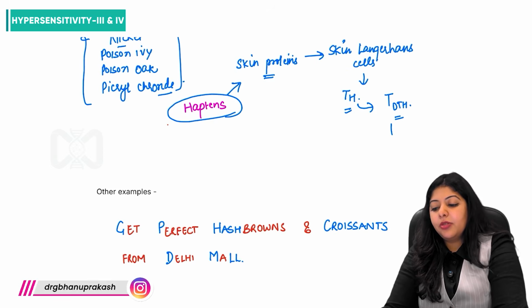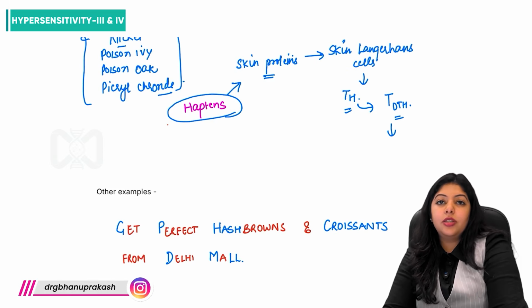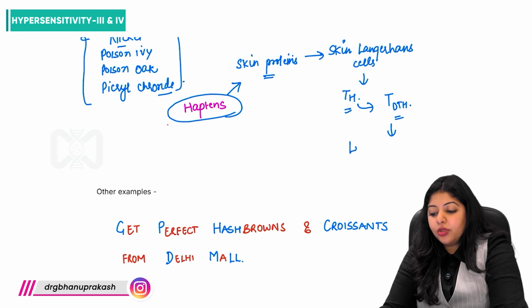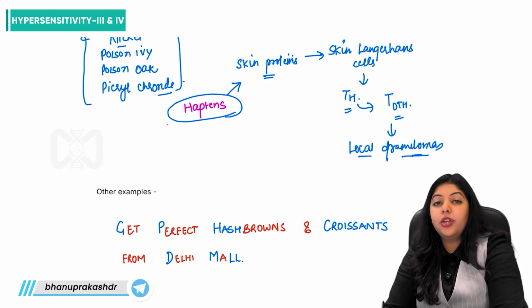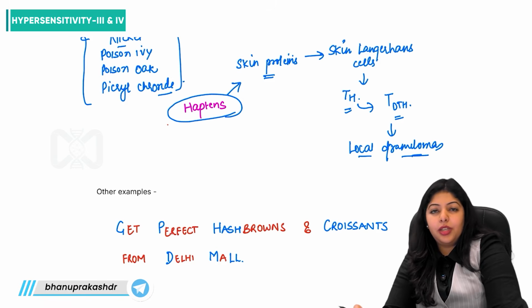And delayed type hypersensitivity cells lead to what? This leads to local tissue destruction, local granulomas, which form local tissue destructive sites.